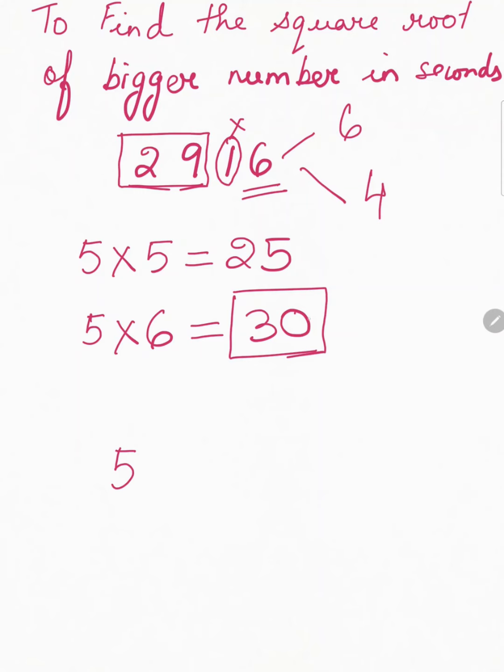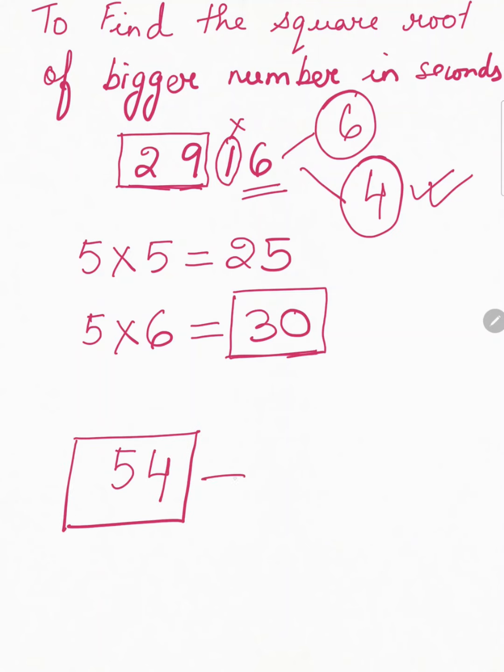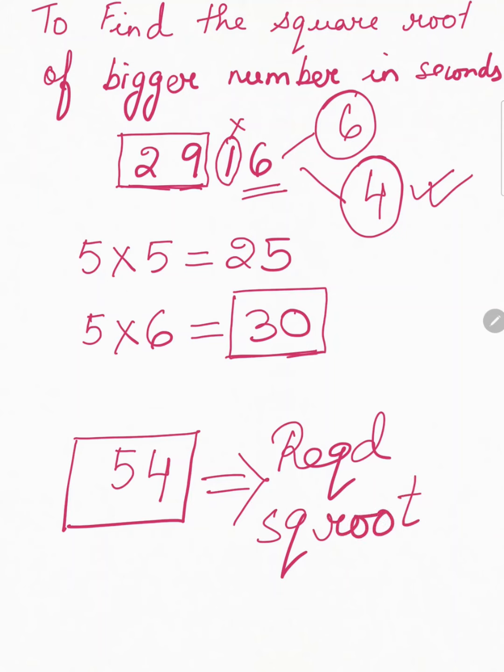Since 30 is greater than 29, or rather you can say that since 29 is less than 30, from these two digits we will be selecting the smaller one, which we will write next to 5, and so 54 will be the required square root. So this is how we find out the square root in seconds.